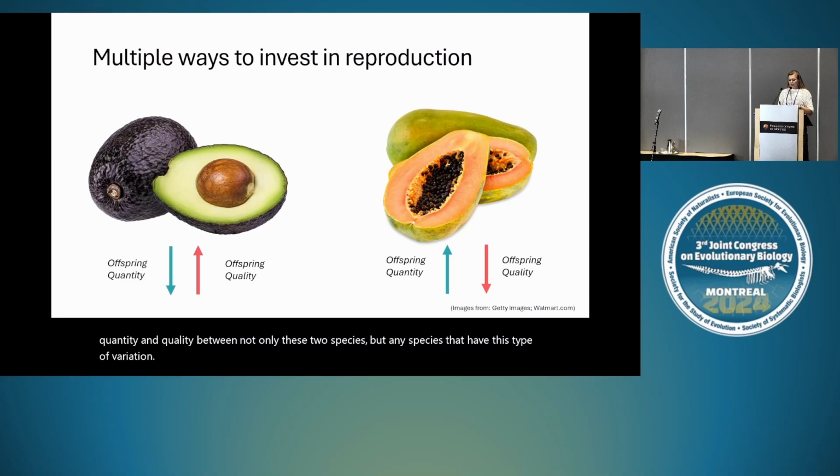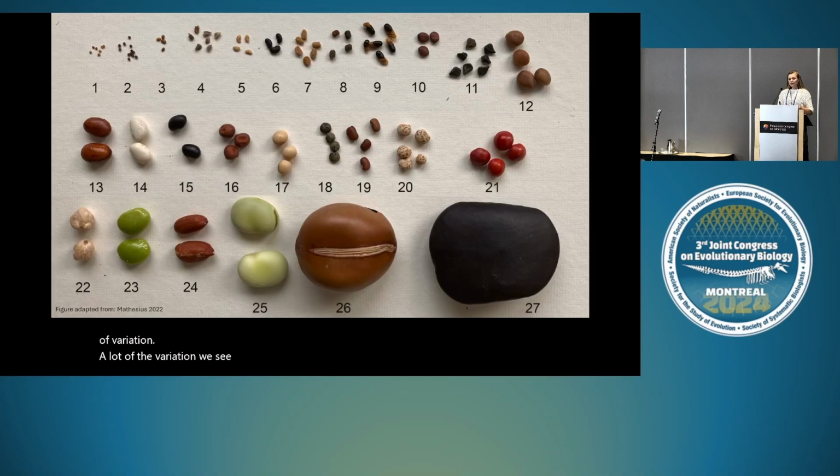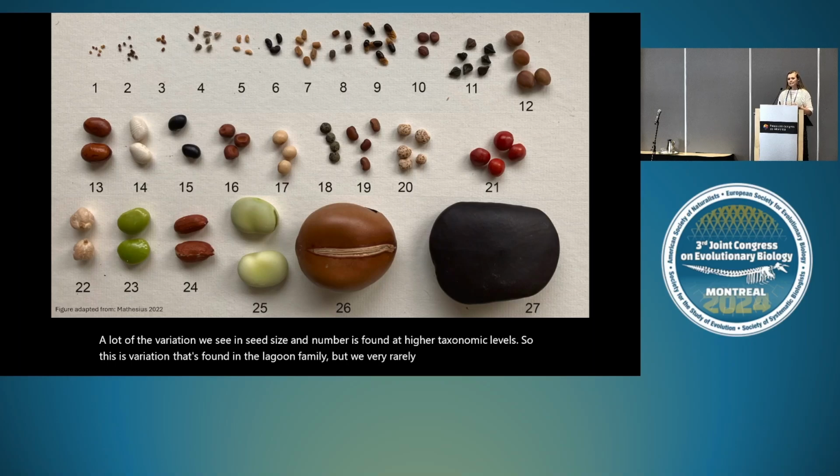A lot of the variation we see in seed size and number is found at higher taxonomic levels. So this is variation that's found in the legume family. But we very rarely see variation in seed size and number occurring at smaller taxonomic levels, meaning in species or in genera.